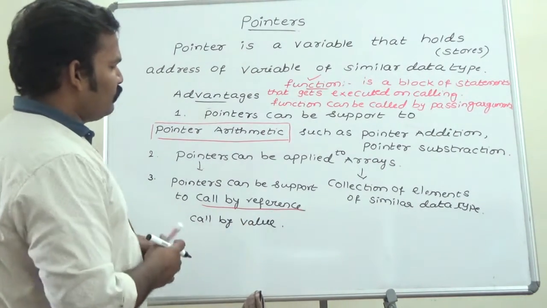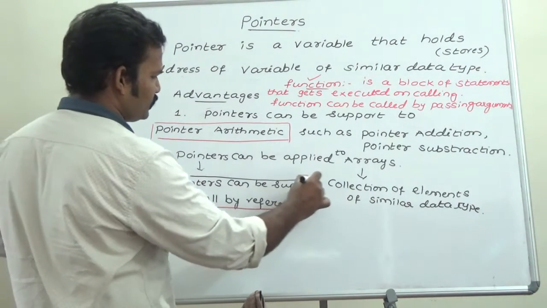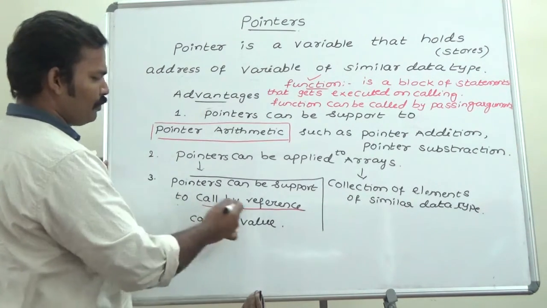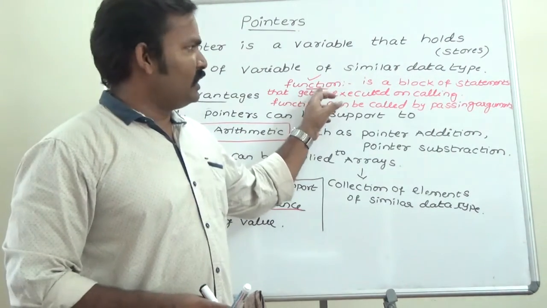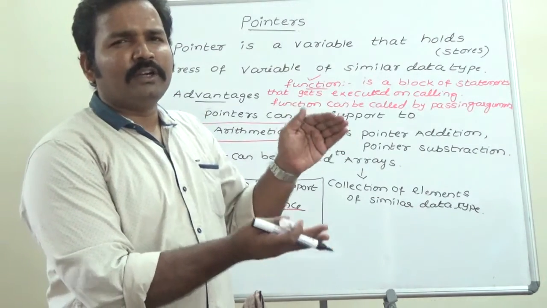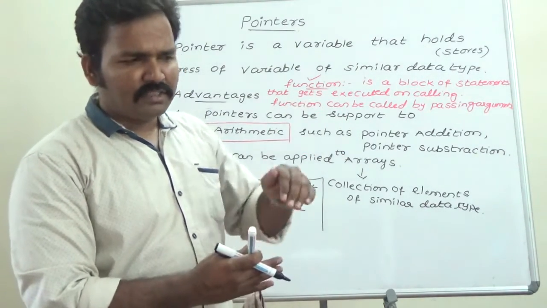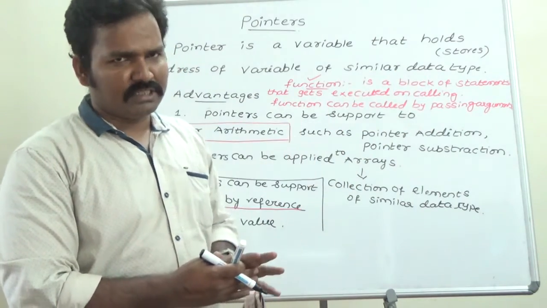So listen, pointers can support call by reference. A function is a block of statements that gets executed on calling. That means whenever we call the function, only then the statements in that function get executed.